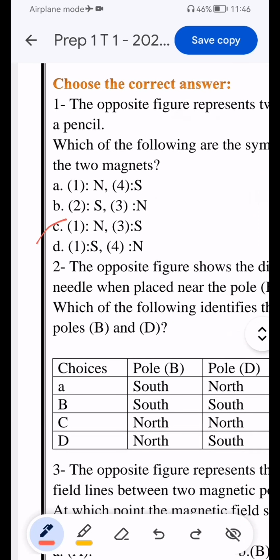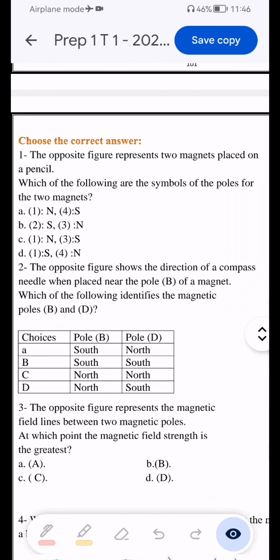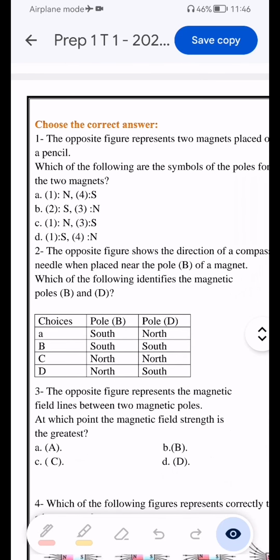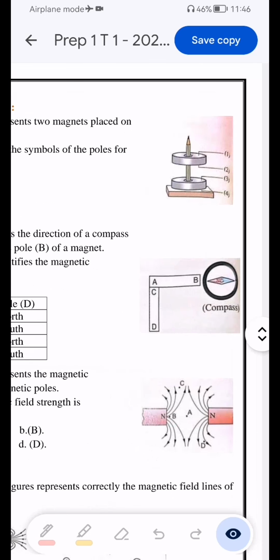Number 2, the opposite figure shows the direction of a compass needle when placed near the pole B of a magnet. Which of the following identifies the magnetic poles B and D? Look at this. The north pole will be attracted to what?